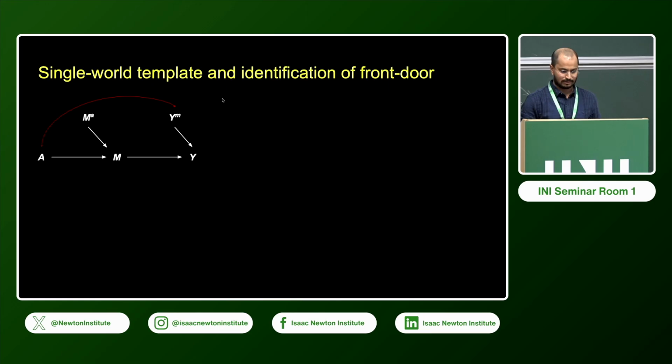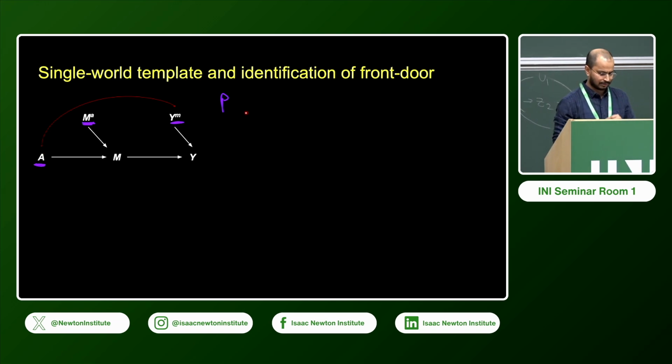I'll start with P of MA, because MA lies in its own district. Bidirected connected components in an ADMG are called districts. So MA lies in its own district, and A and YM are in one district together. So I have two districts among the potential outcomes.